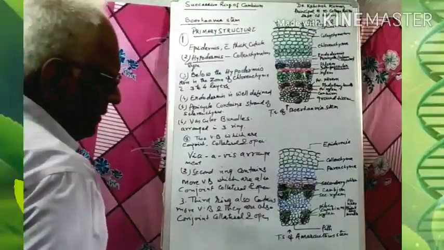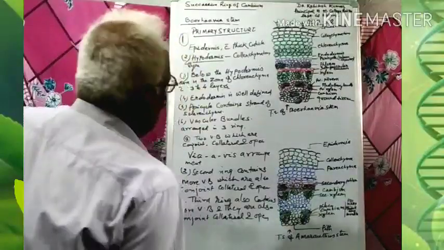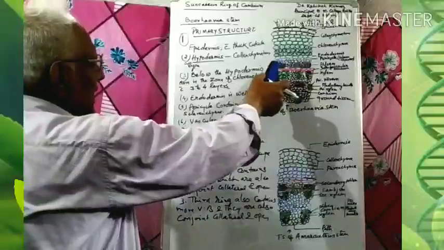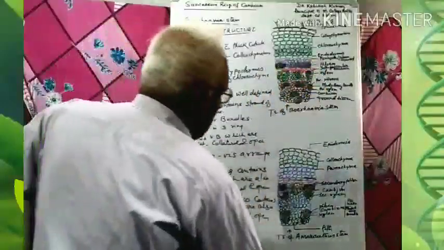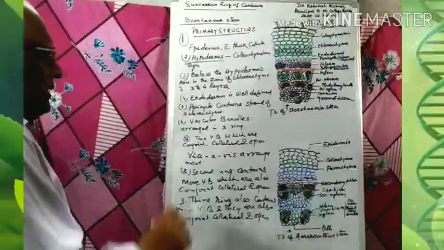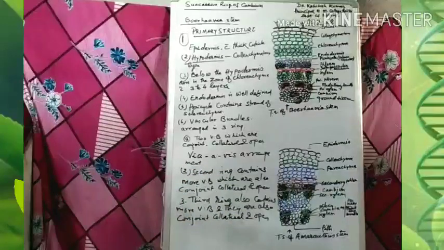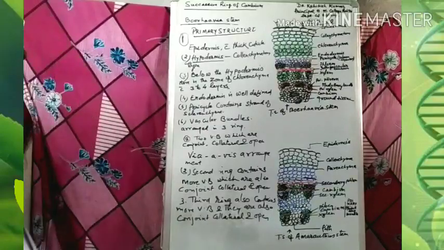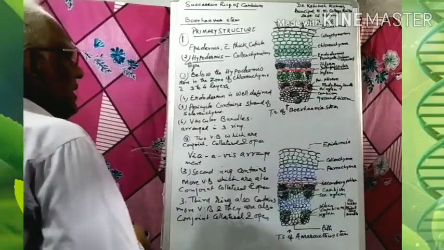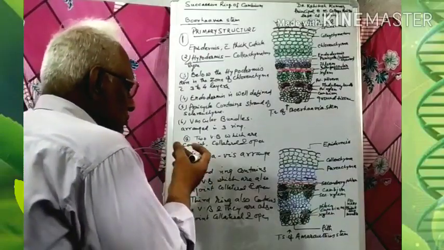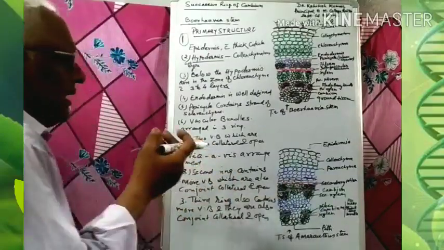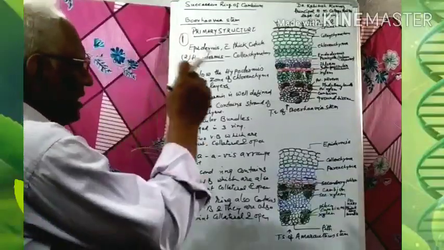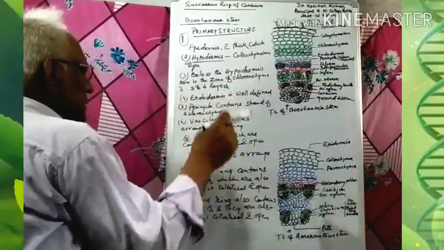So this is the primary structure, and afterward, in the third layer of the vascular bundles, when the time comes for secondary growth, the intrafascicular cambium becomes meristematic and starts cutting meristematic cells.